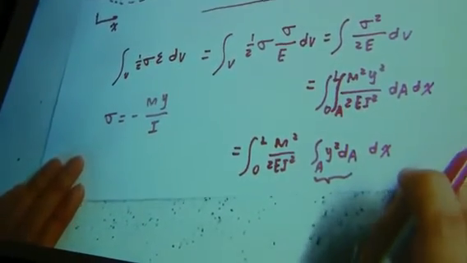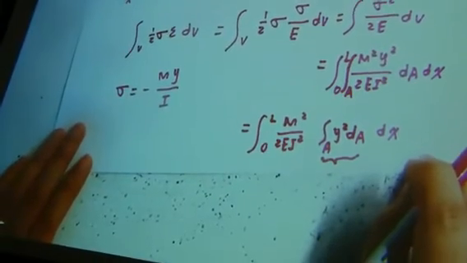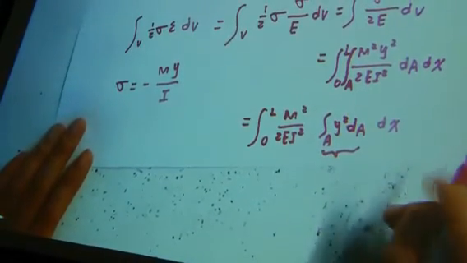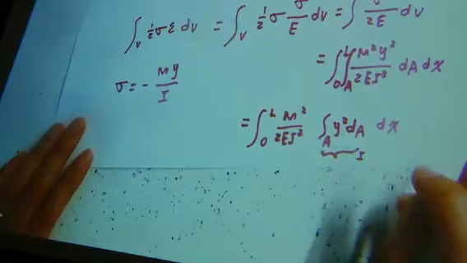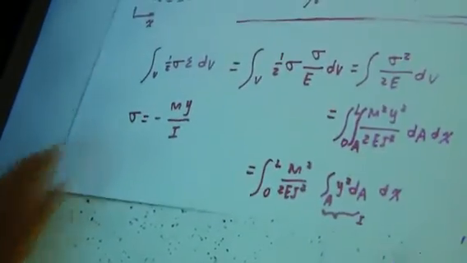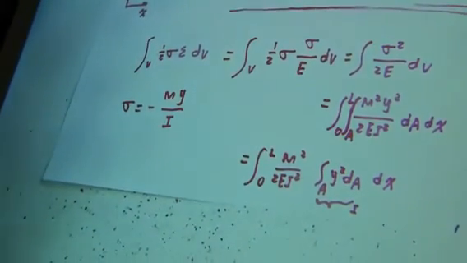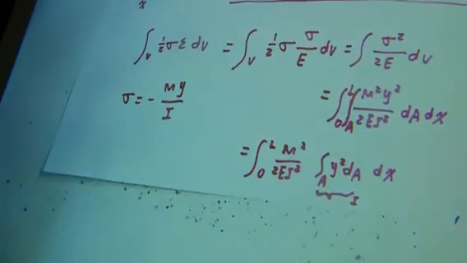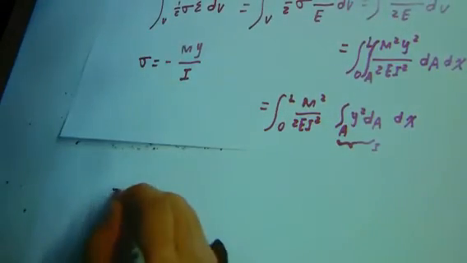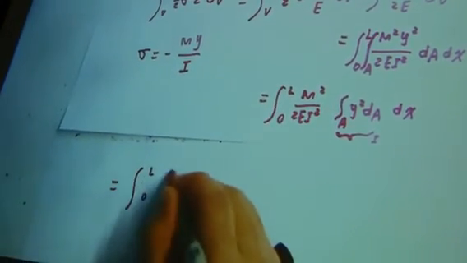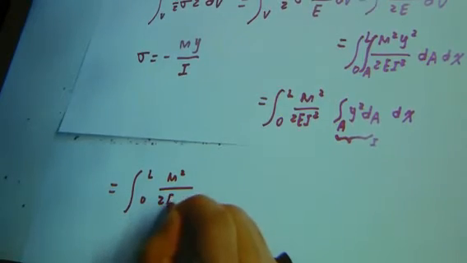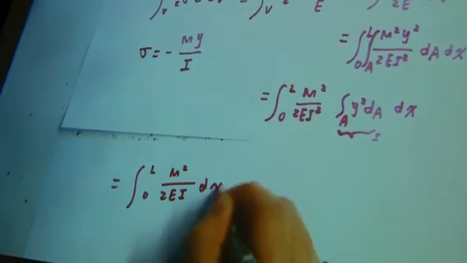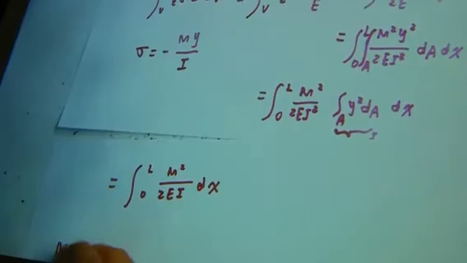We use this procedure many times actually. When we derive the stiffness, we follow the same procedure. This one is I, the area moment of inertia of the cross section. So that will give you M squared over 2EI dx. And then what is M?